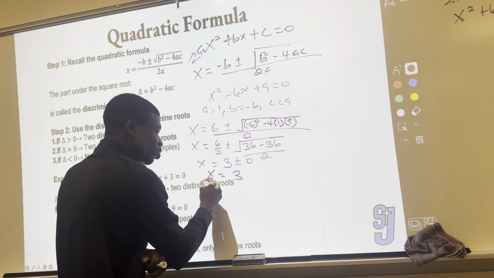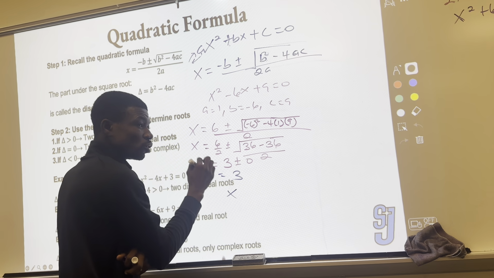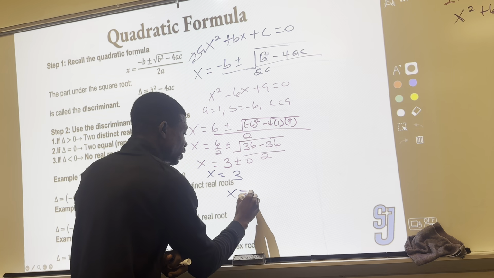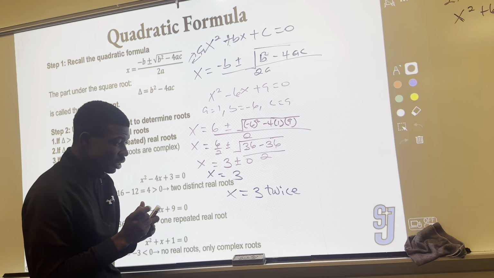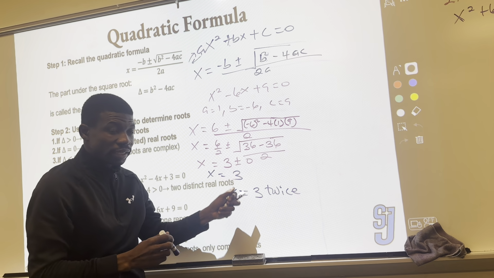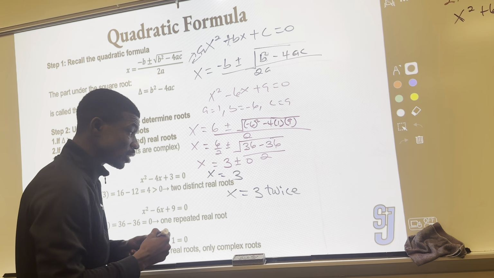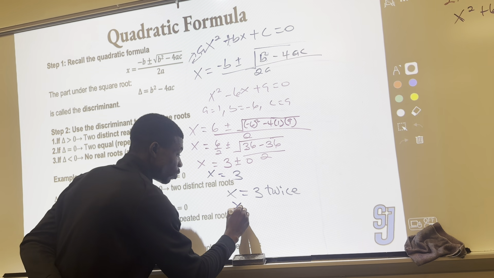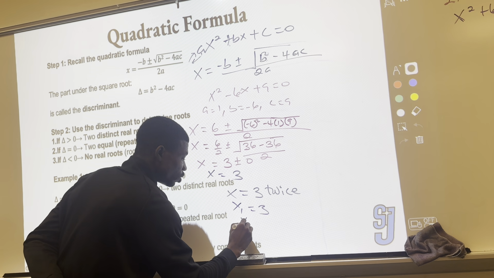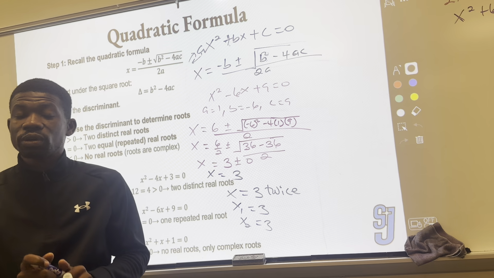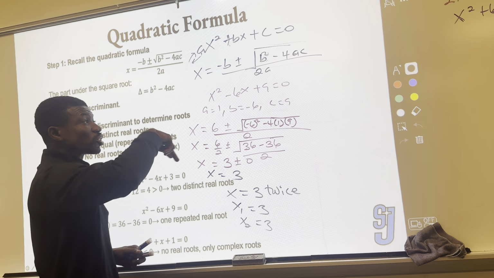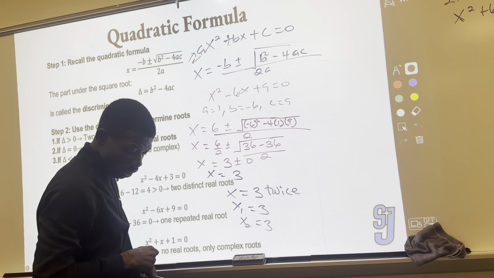To get the full credit, you say that x is equal to 3 twice. That means x is equal to 3 and x is equal to 3. In other words, you can just say x1 equals 3, x2 equals 3. It's the same as writing 3 twice, because you are solving a quadratic equation, you need 2 parts.